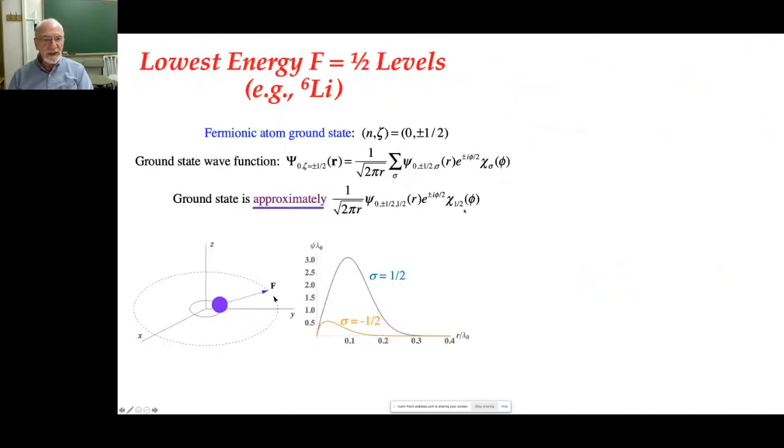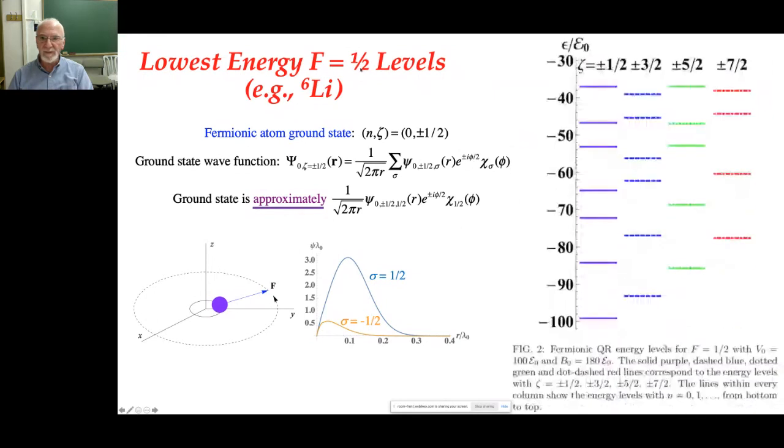So we've solved for the energy eigenvalues for an atom such as lithium-6, which is a fermionic atom and has hyperfine quantum number 1/2. And the spectrum is shown over here. The ground state has this quantum number zeta, the projection of the total angular momentum, which is given by +1/2 and -1/2.